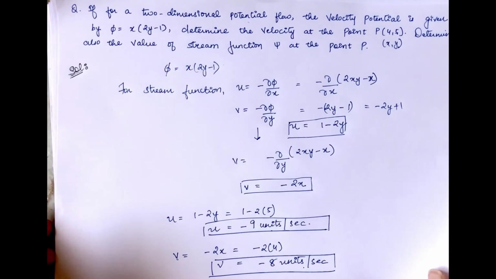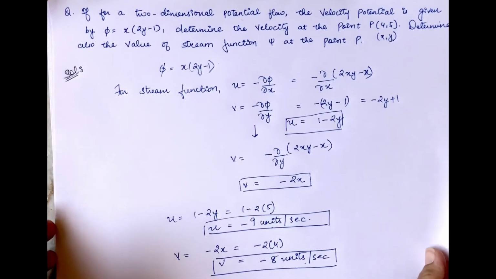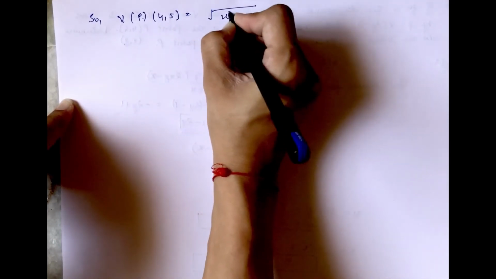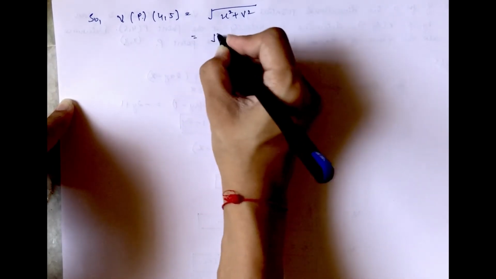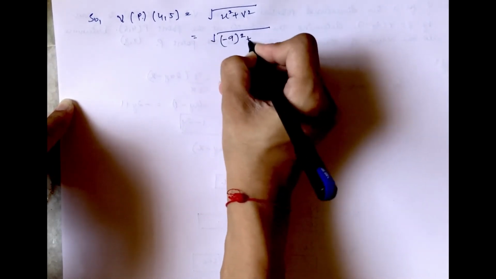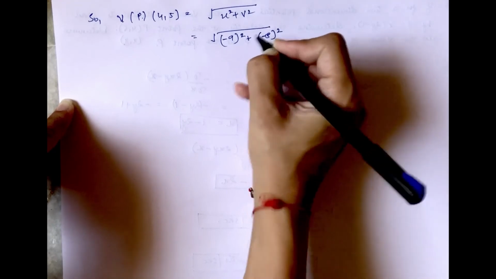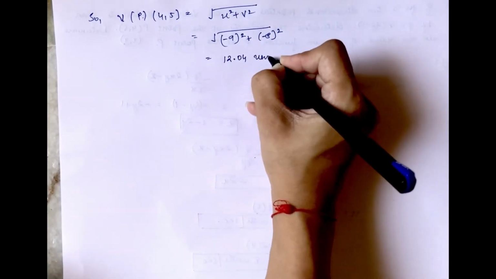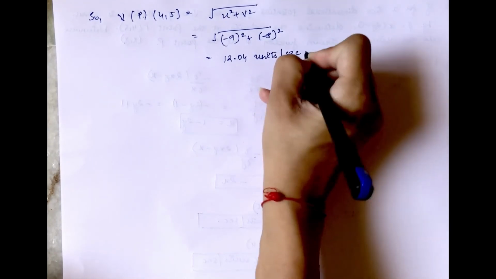According to the theory, the resultant velocity at point P, that is (4, 5), is equal to the square root of u squared plus v squared, which is the square root of (minus 9) squared plus (minus 8) squared. It gives us the value of 12.04 units per second.